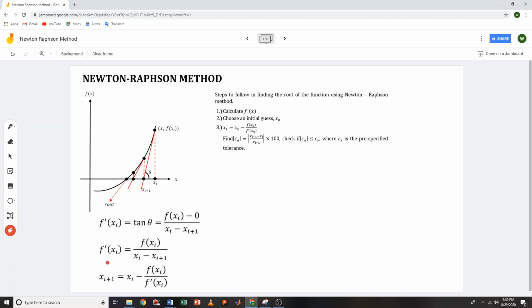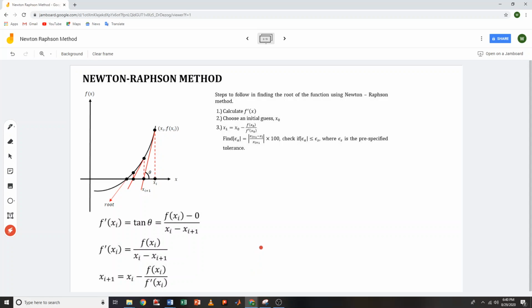If I simplify this equation and then simplify further to get x i plus 1, just cross multiply. Simplifying, this is now the iteration process to get x i plus 1, and so on and so forth.